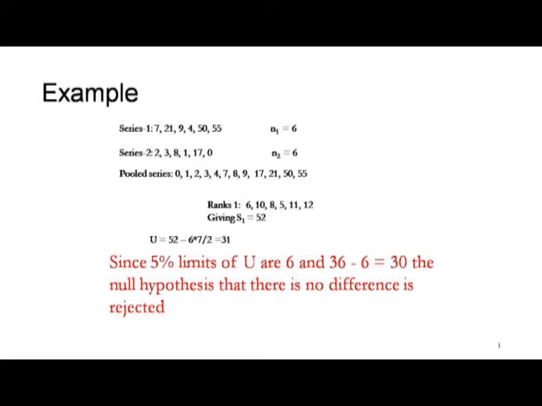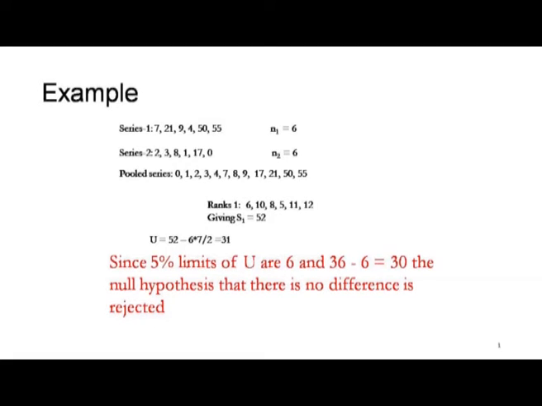Now, for these values of N1 and N2, the 5% critical values of U in the Mann-Whitney test are 6 and 36 minus 6, or 30. Which means if the calculated value lies between 6 and 30, then at the 0.05 level of significance the null hypothesis is accepted.